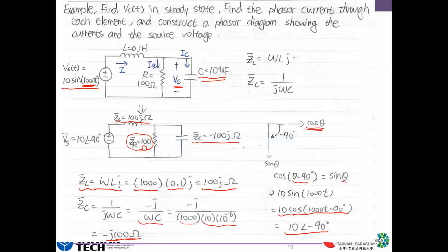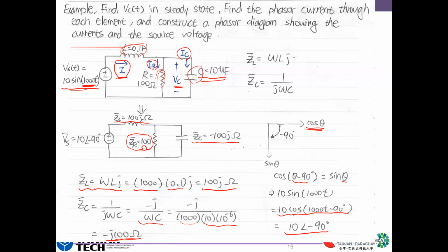And then, find the phasor current through each element. So we need to find I first, right? We have 3 currents, so we find I first. To find I, since we have the source, we need to find an equivalent impedance for these three.